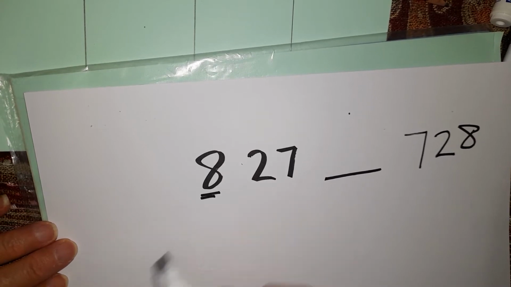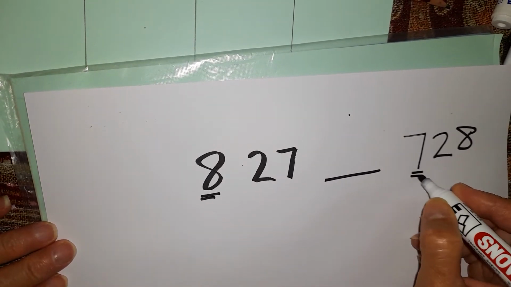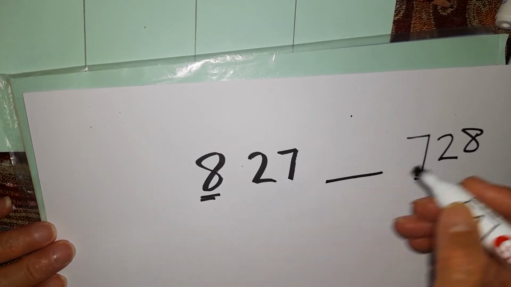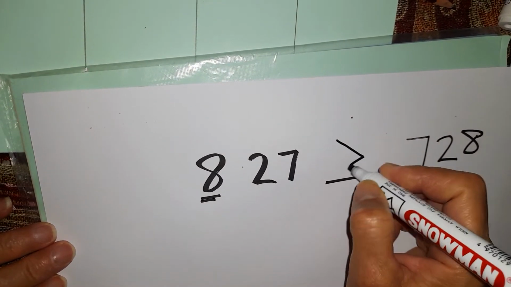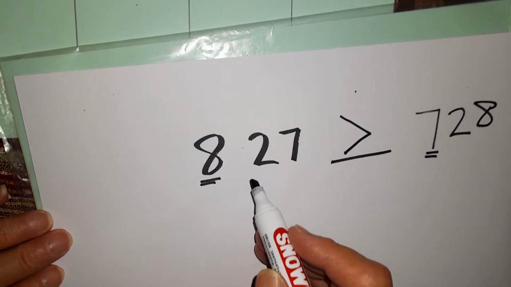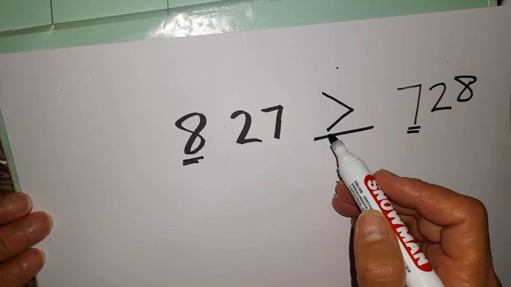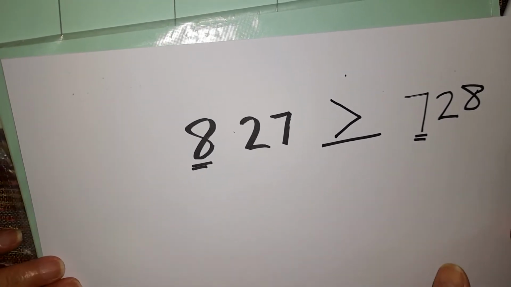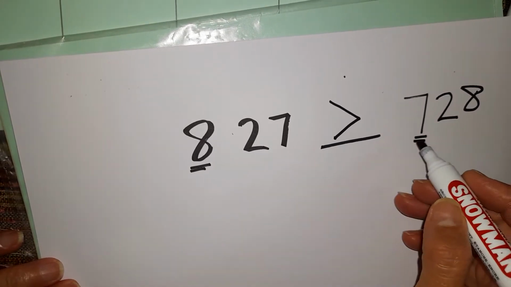I have in the hundreds 8, and I have in the hundreds 7. The 8 is bigger, so I will give this number the big mouth. Now can you read it? 827 is greater than 728.